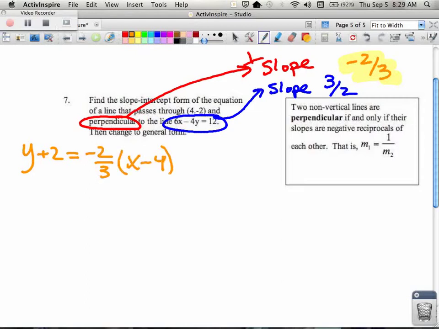So I put the stuff in the slope-intercept form using the perpendicular slope that I knew because I flipped the fraction and changed the sign. And notice that the point that I used for -2 is still there. So same exact problem. Instead of using 3/2 to start out with, I use -2/3.